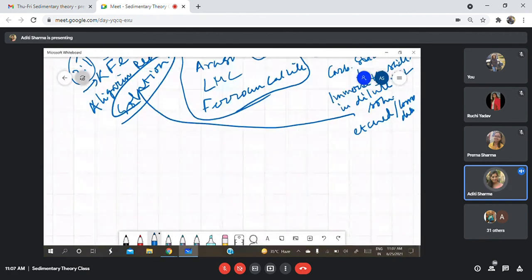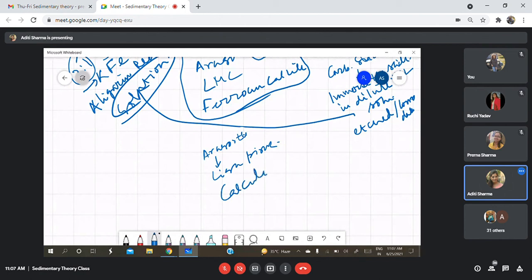What do we see? Aragonite takes a light pink color. Calcite, dark pink color. Ferroan calcite, blue color.